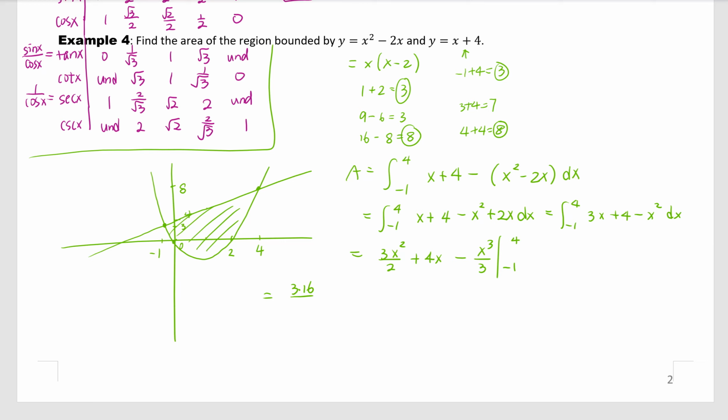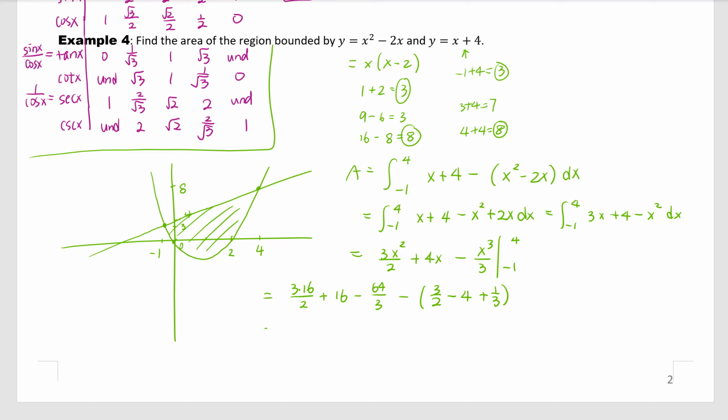So 4 squared, 16. 4 times 4 is 16. 4 cubed, 64 over 3, minus, parentheses, don't forget your baby. When we plug in -1, squared is 1. And -1, so -4. -1 cubed is still -1, so minus becomes positive.